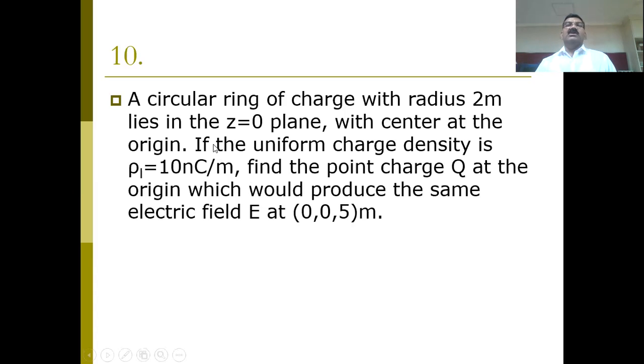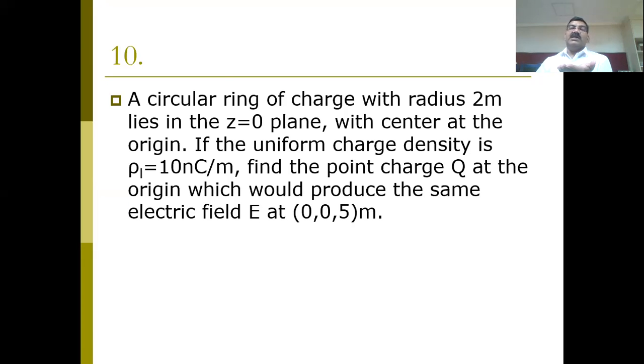What is it? A circular ring of charge with a radius of 2 meter is lying in the Z equals to 0 plane, the XY plane, with center at the origin. So it is centered at the origin this way.